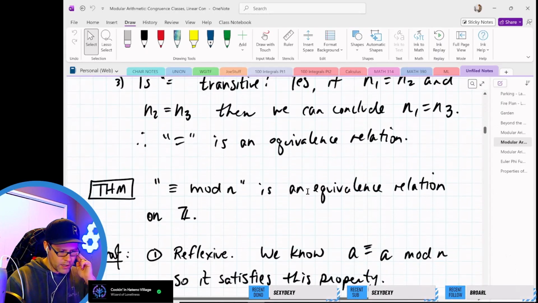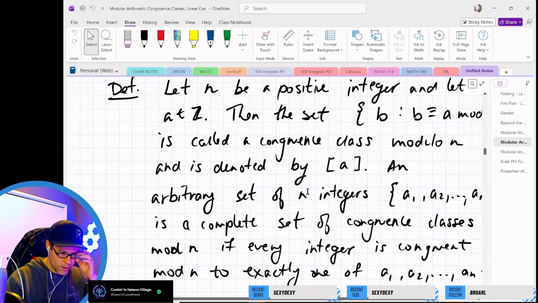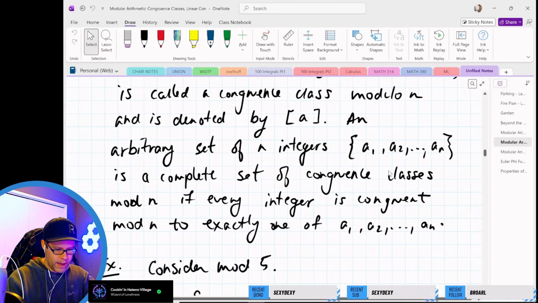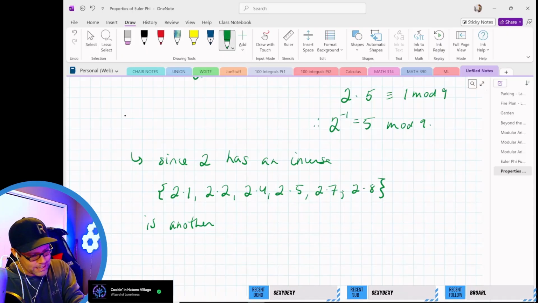Okay, we talked about relations. We talked about mod as an equivalence relation. We talked about congruence classes. And we talked about a complete set of congruence classes. So that's kind of what we get here. This is a complete set.